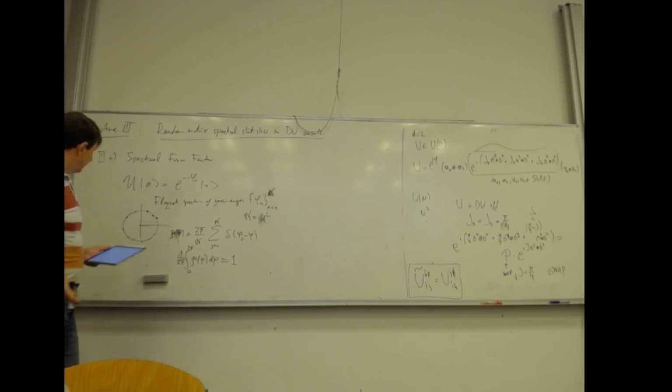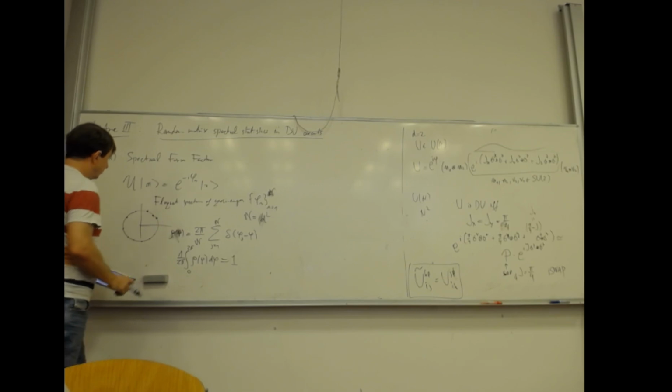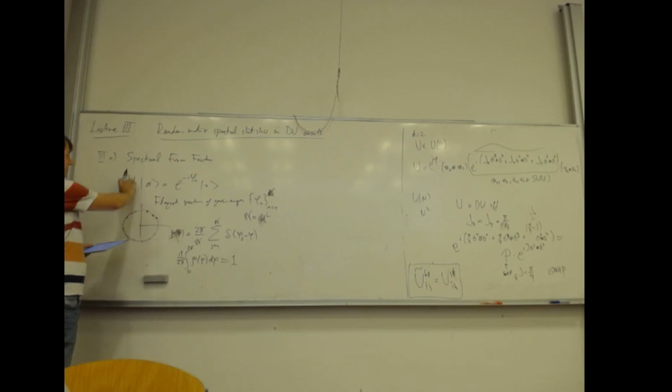So that's the density, and we expect it to be locally flat. If you diagonalize a large unitary matrix and look at the spectrum, you expect the density of eigenvalues not to vary much.